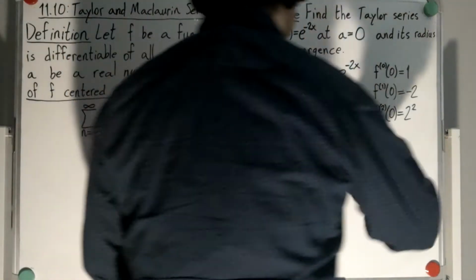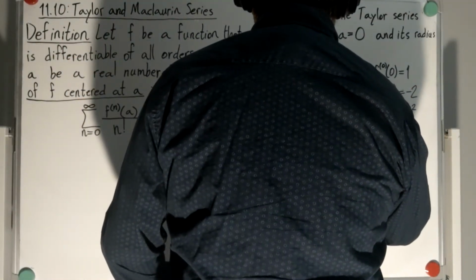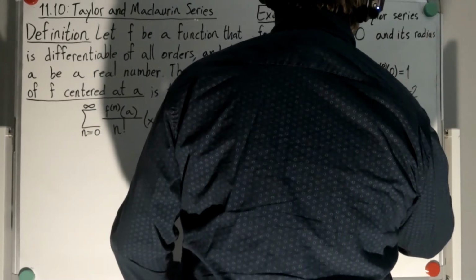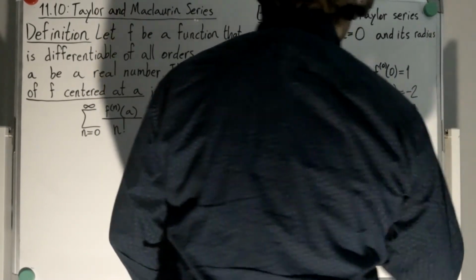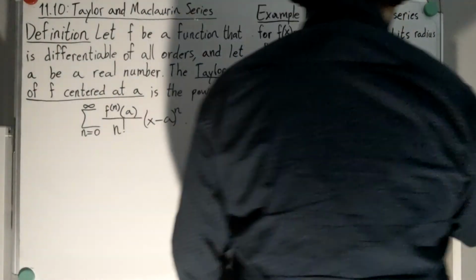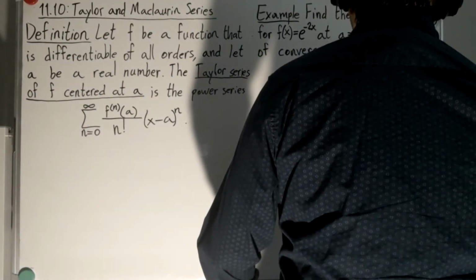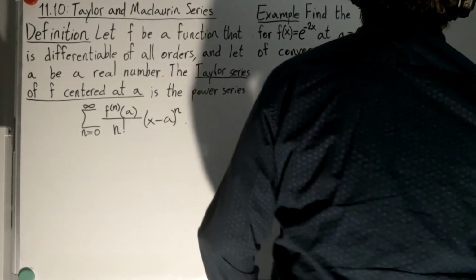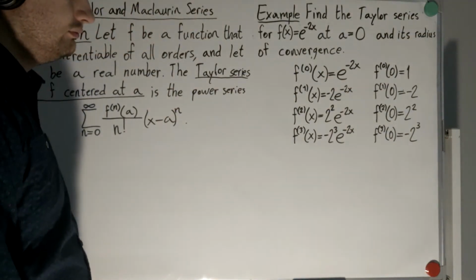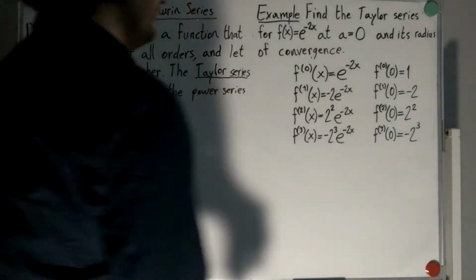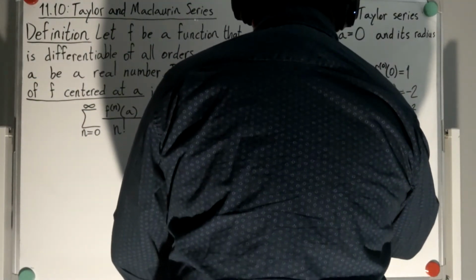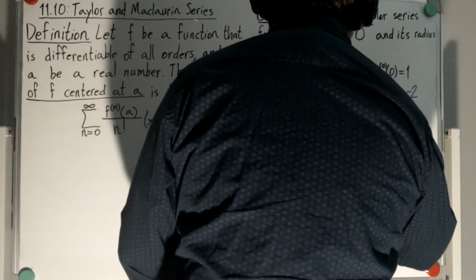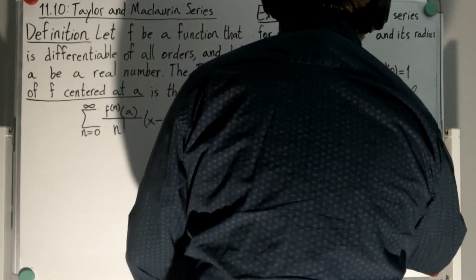Third derivative is just negative 2 to the third e to the negative 2x. Evaluate this at 0, and you get the third derivative at 0 equals negative 2 to the third. You take the fourth derivative, you get 2 to the fourth e to the negative 2x.